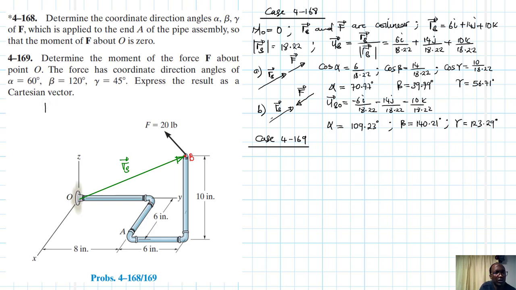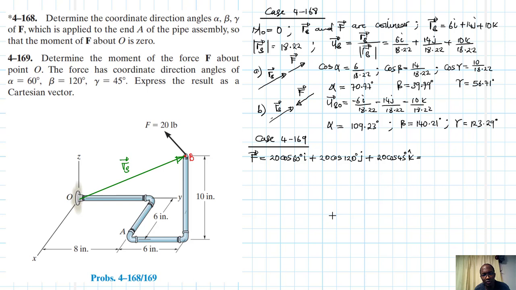So this force, we can write it here. The force vector is going to be equal to 20 cos 60 degrees i, sorry, I'm supposed to indicate an i there for the direction, plus 20 cos 120 j plus 20 cos 45 degrees k.